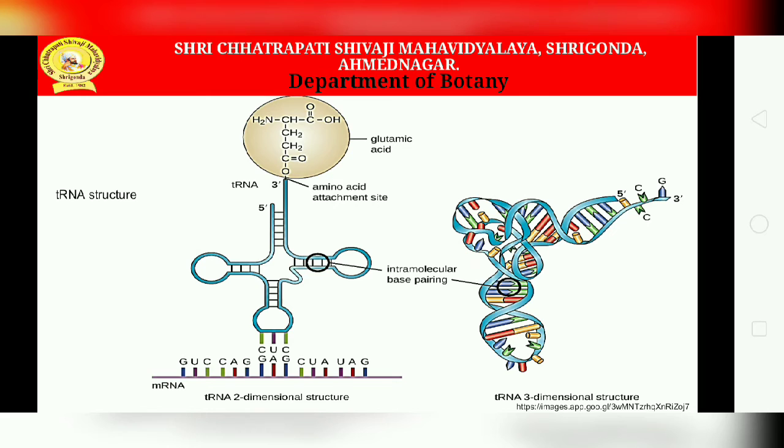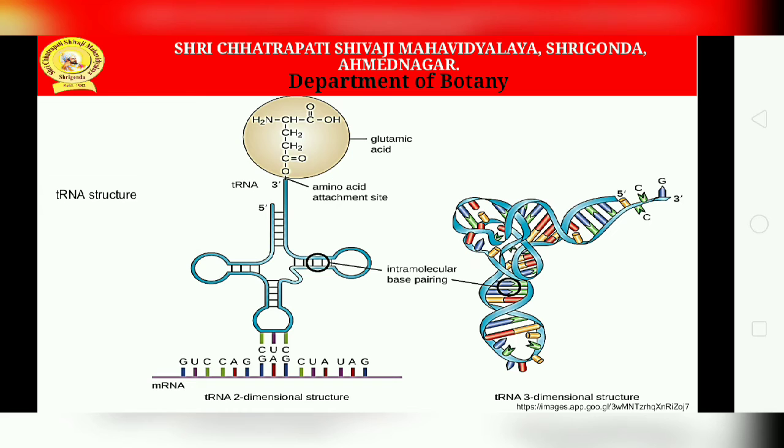Next, the rRNA structure. The ribosomes are composed of rRNA and ribonucleoproteins, as the name suggests. rRNA is a major constituent of ribosomes, making up about 60% of the ribosome by mass and providing the location where the mRNA binds.